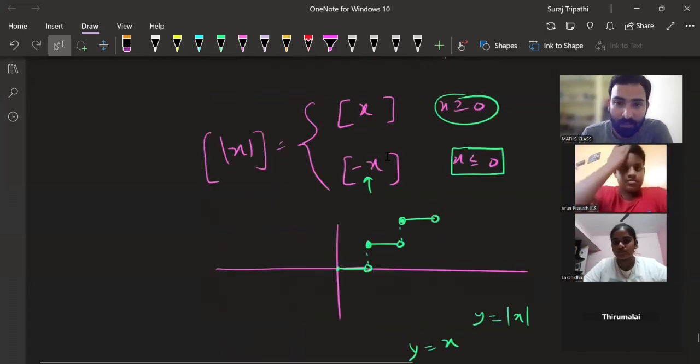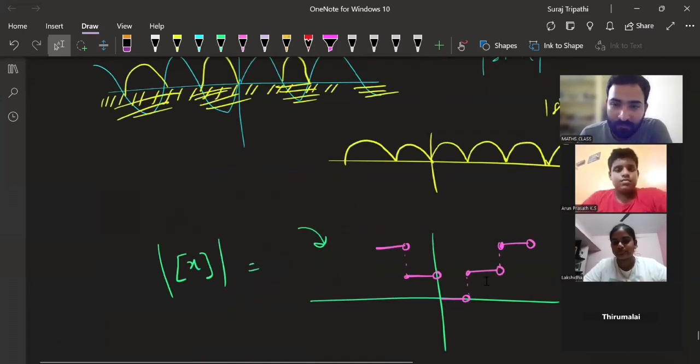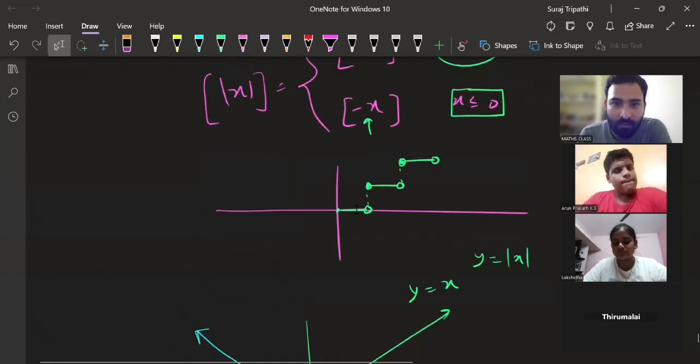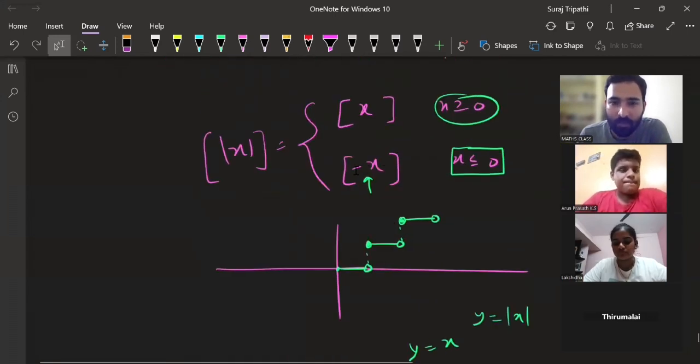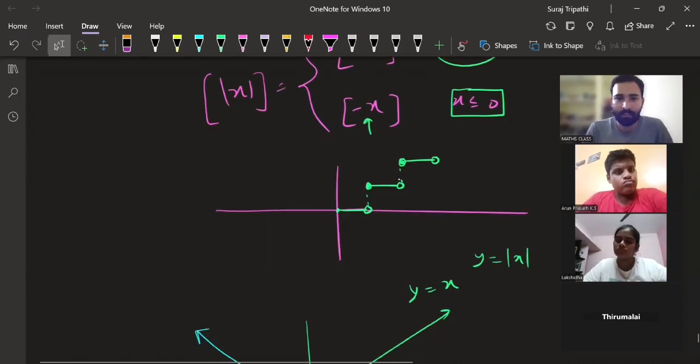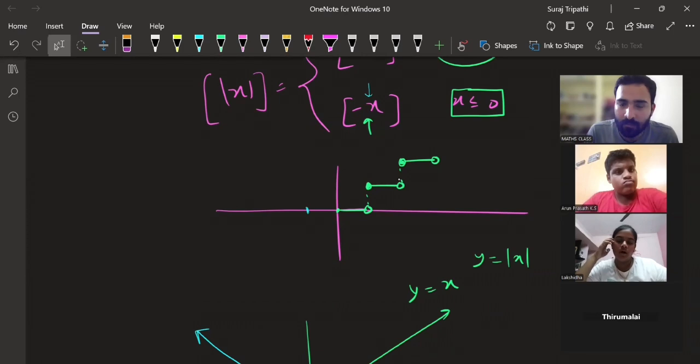Okay. So similarly, I have drawn this graph here. Now we are going to draw the graph of this function. What about this box of minus x? What will be the graph of this minus x? If I put negative values of x here, the negative will become positive. If I take any negative value for x, this will also become a positive number.